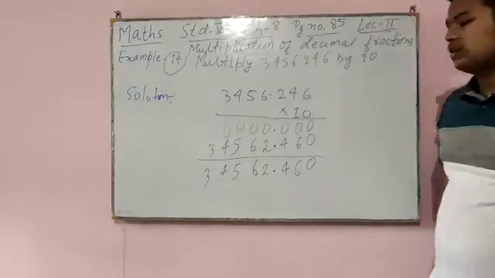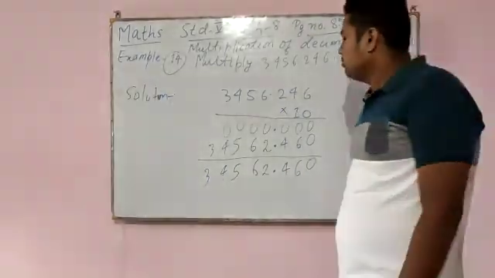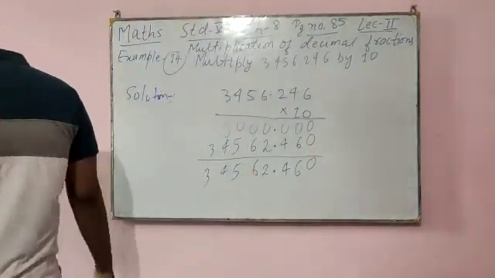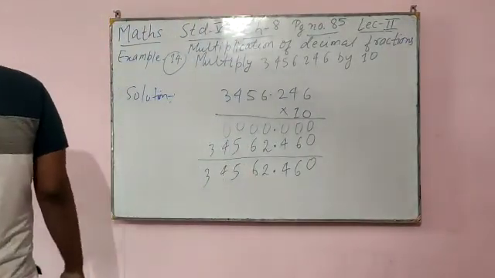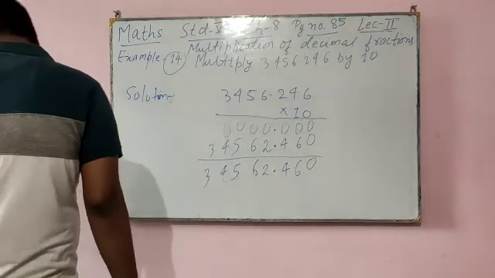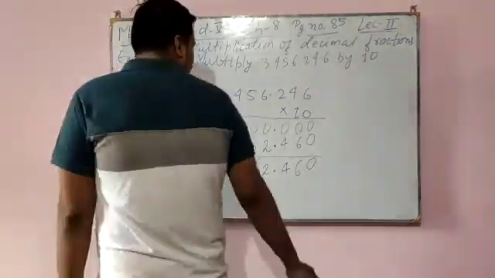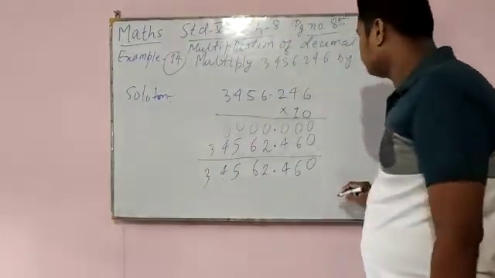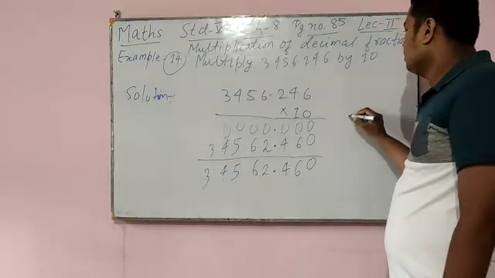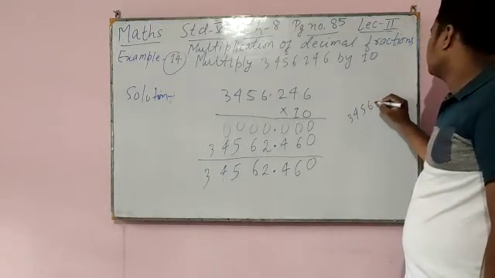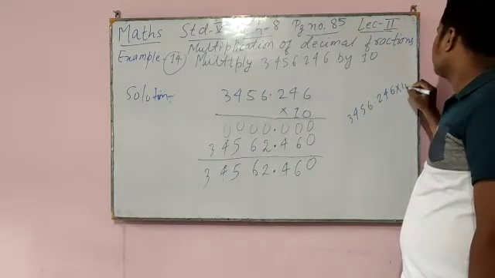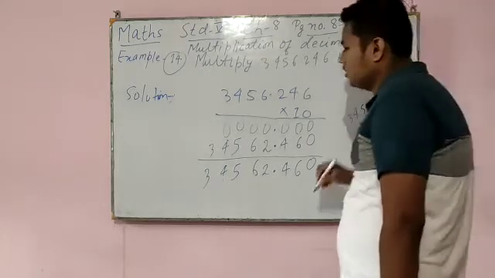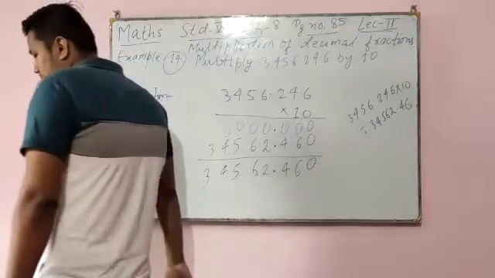So when you will multiply this, we will get 34,562 decimal 46. Okay, because we do not count this 0. So 3456 decimal 246 when multiply, we will get 34562 decimal 46.